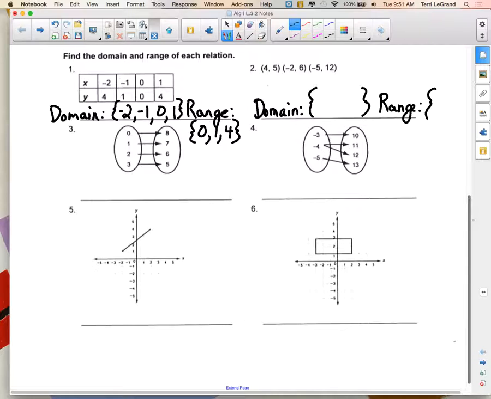And the domain is what, Austin? -5, -2, and 4. Okay, good job. Range is what, Chase? I'm not done yet. Oh, okay. Hayden? You don't know. Okay, Elizabeth? 4, 6, 12. Do we agree? I meant 5. You meant 5, that's what I thought. 5, 6, 12. The Y values. Okay. 5, 6, and 12 are our range values.